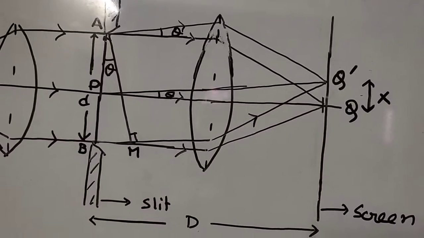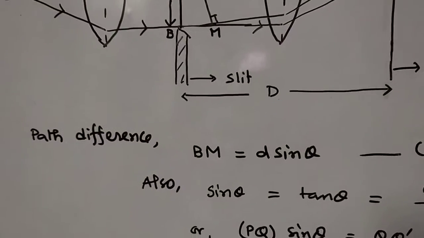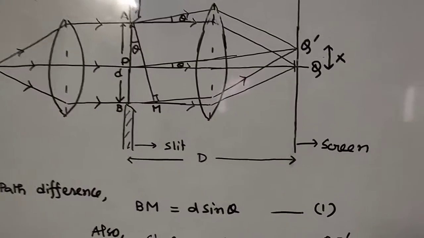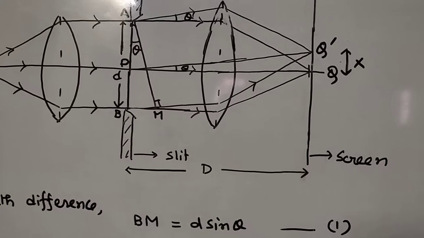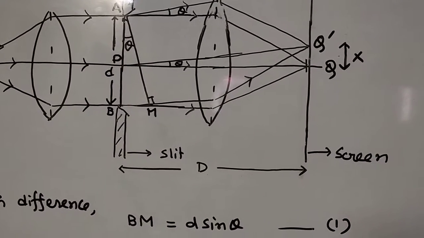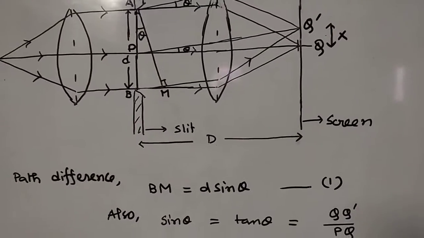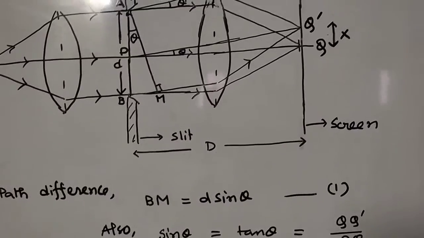If you consider sine theta, then BM comes out to be d sine theta. If you consider this is your 90 degree, sine theta is perpendicular by hypotenuse. So perpendicular is BM and hypotenuse is small d, so d sine theta.